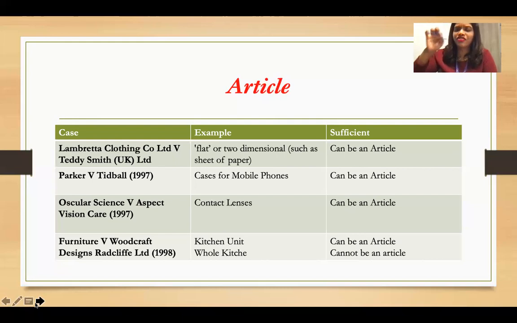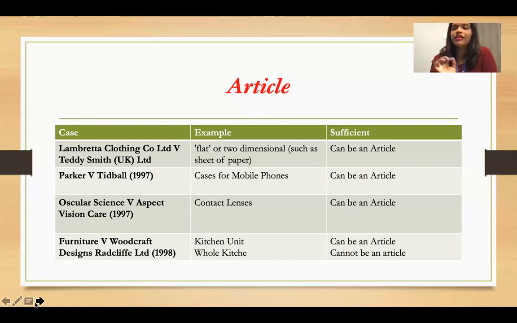It is always crafted. Or when you fold a paper into four and cut it, and when you open it, it has a design on the paper, that can be considered an article. So according to Lambeta, even a doily can be considered an article.